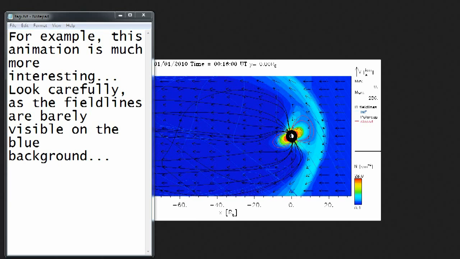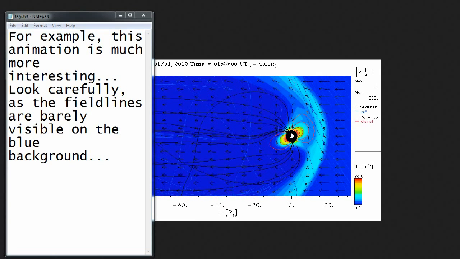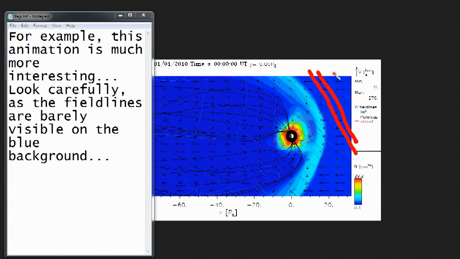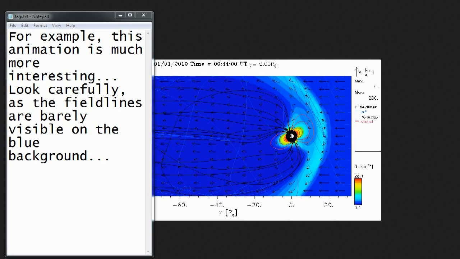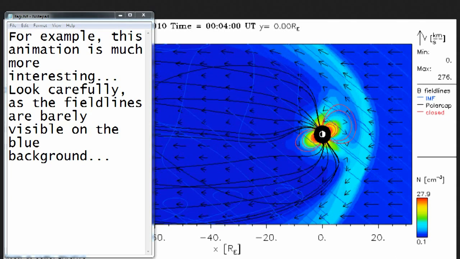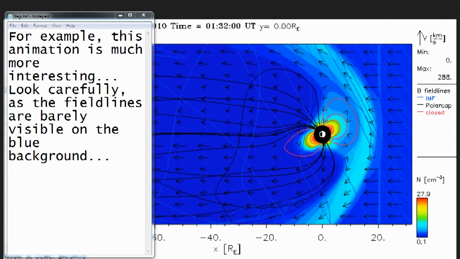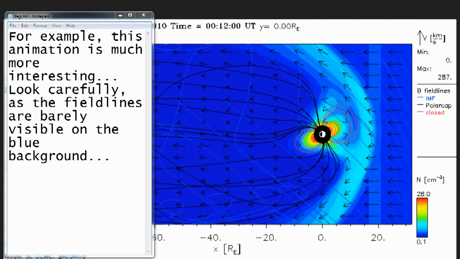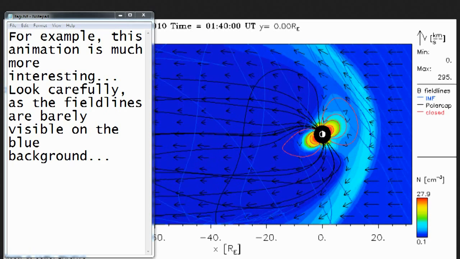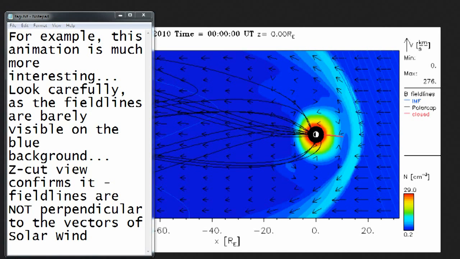For example, this animation is much more interesting. Look carefully, as the field lines are barely visible on the blue background. ZCAT view confirms it.